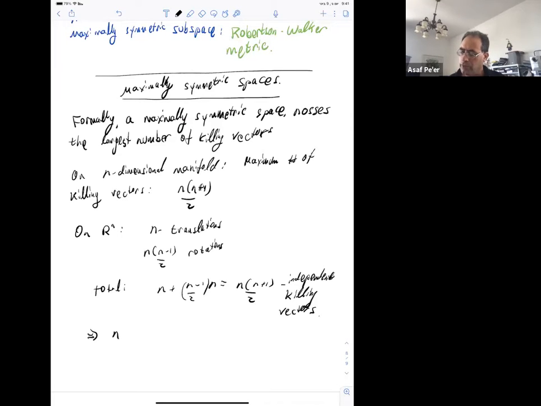Yeah, okay. Where n is greater than or equal to 2, that means that there are more Killing vectors than dimensions.